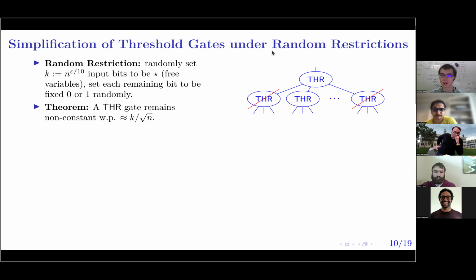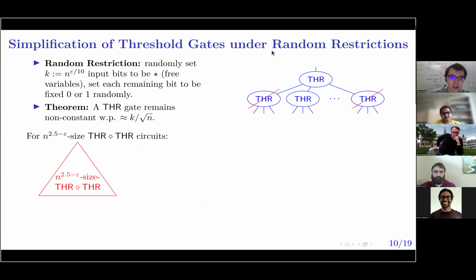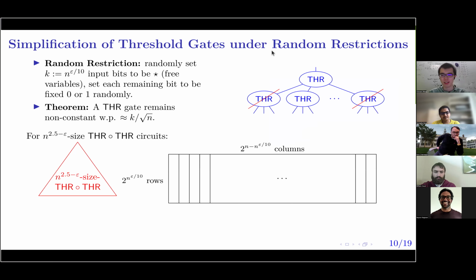Okay, so now we have this guarantee on threshold gates under random restriction. Now let's see how to combine it in the circuit analysis algorithm framework. We have this n to the 2.5 minus epsilon size threshold circuit, and let's put it in a table like this, and then a random column is just a random restriction.